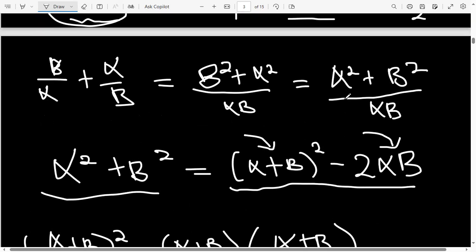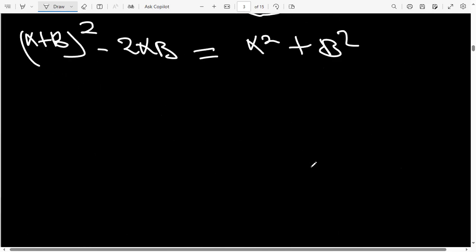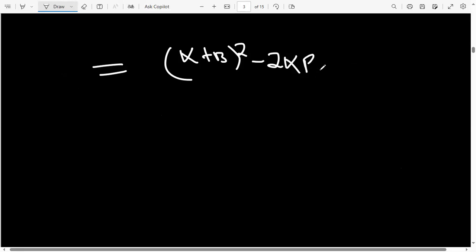Okay, so what are we going to do? We are going to replace this on top with this, and then down we are going to maintain the alpha beta there. Okay, so on top there, we are going to have alpha plus beta squared minus 2 alpha beta. And then we are dividing all this. Let me write the division this side, divided by alpha beta.